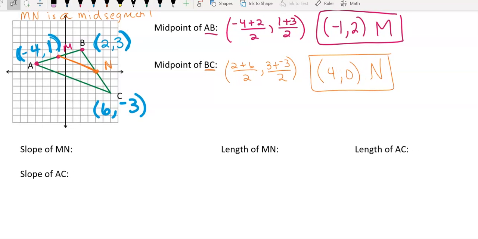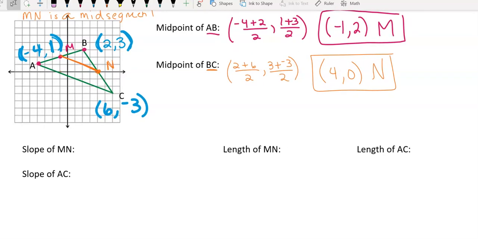So for MN, it would be going down 2 and over 5, so negative 2 over 5. And then the slope of AC would be down 4 and over 10.